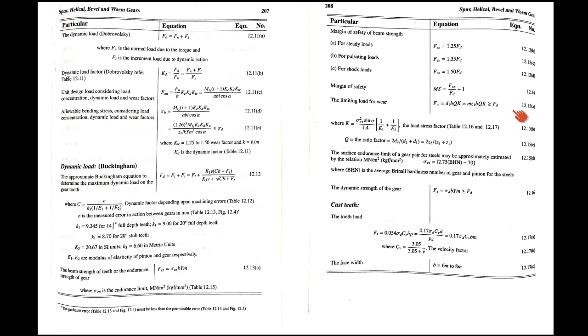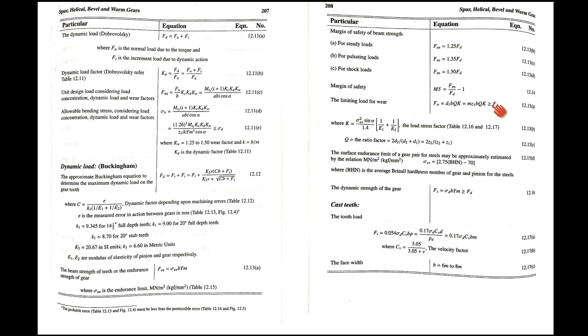So we will equate like this and find out the value of K. What is the meaning? In order to have a wear load greater than the dynamic load, the only parameter that we can vary is K. K is a factor that depends upon the hardness value.